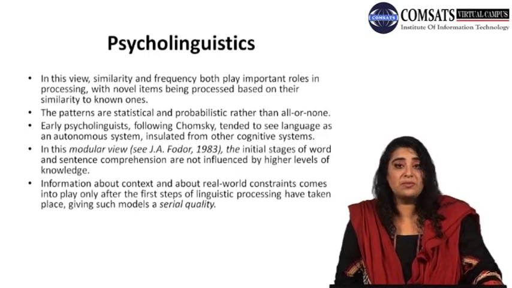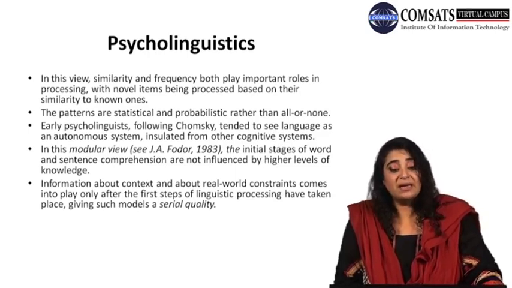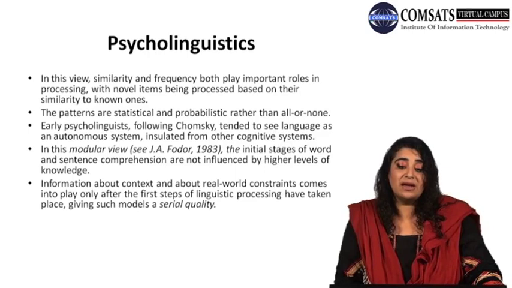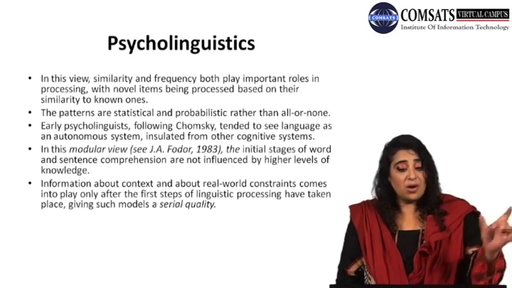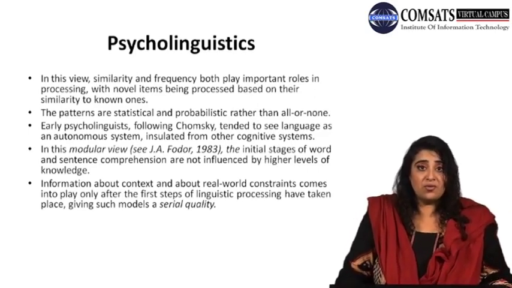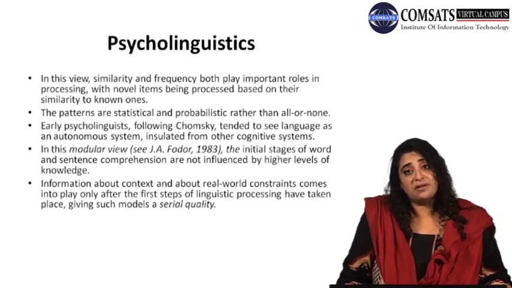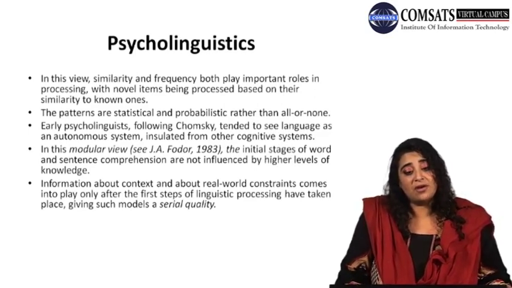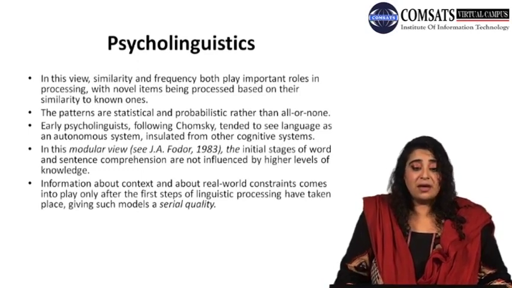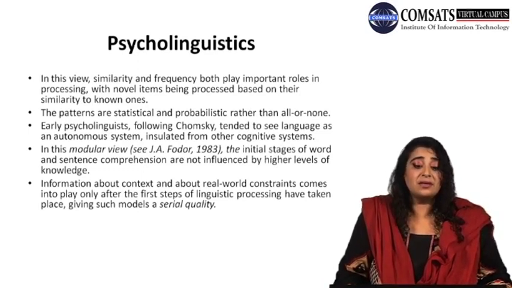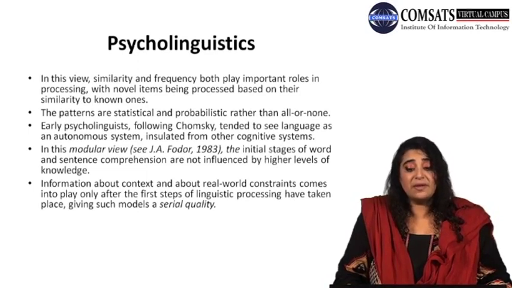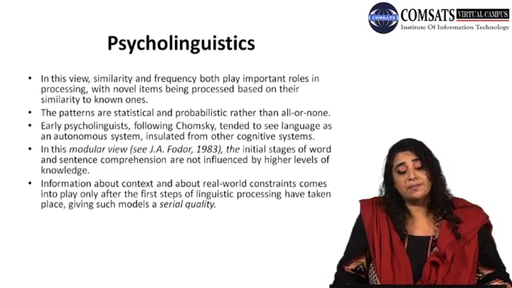We already know the words stove and love, so tov would be very similar, and it would be very easy for us to memorize that word or store it in our brains. Now, the patterns are statistical and probabilistic rather than all or none.